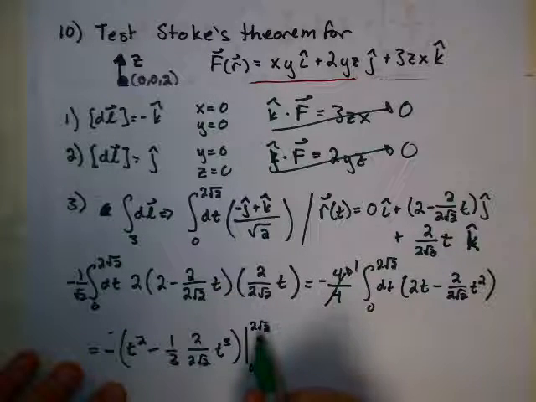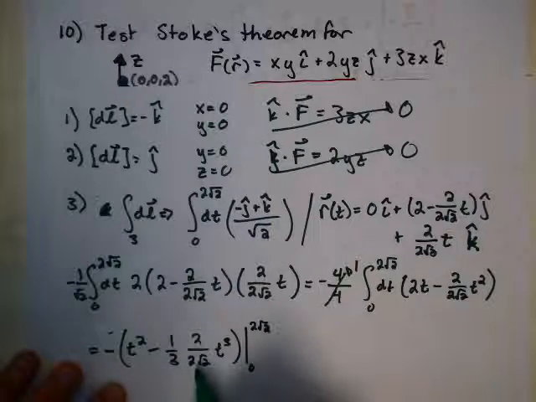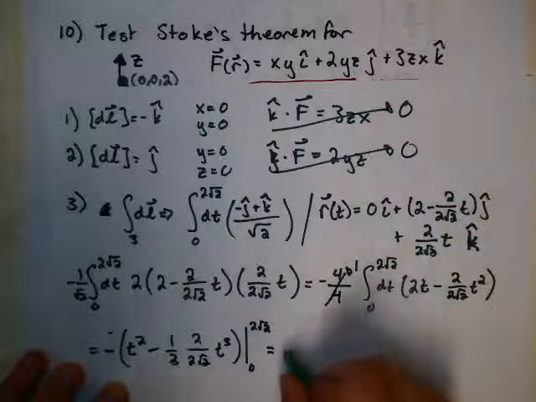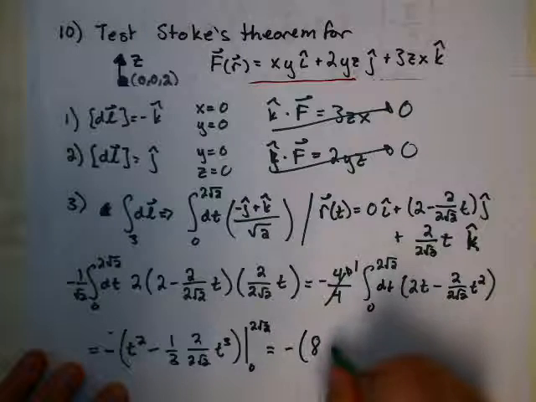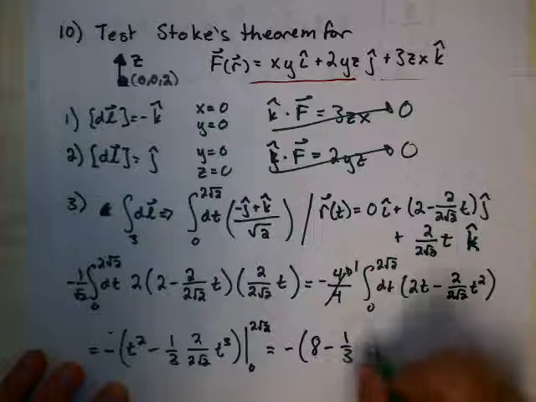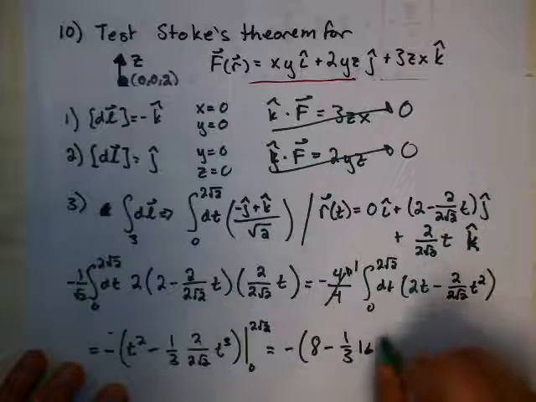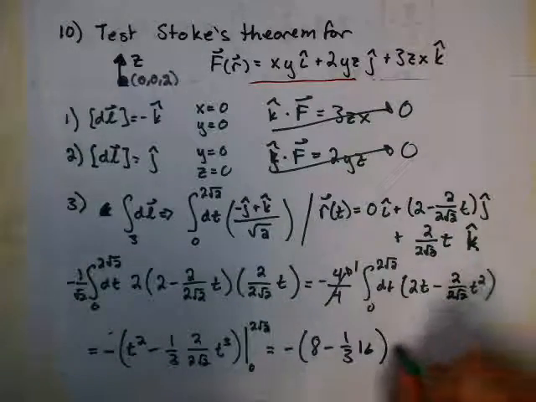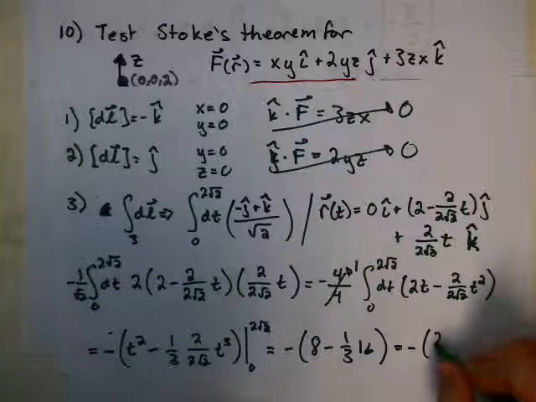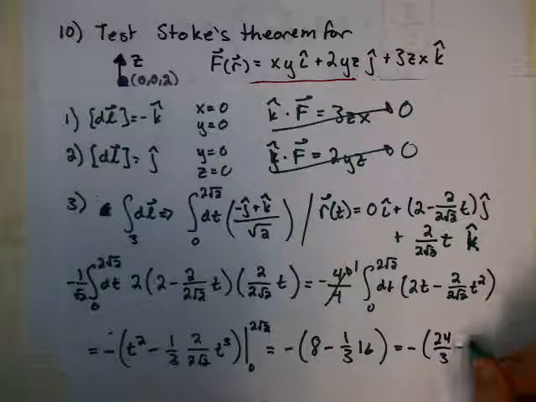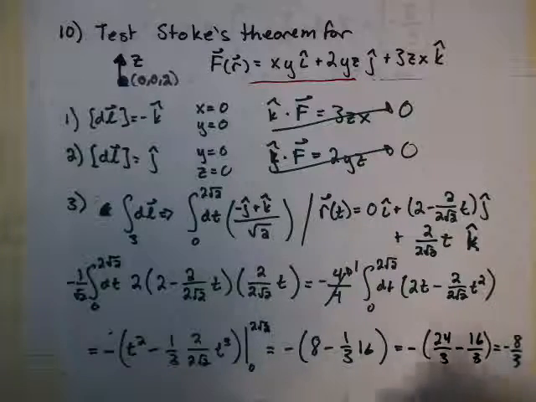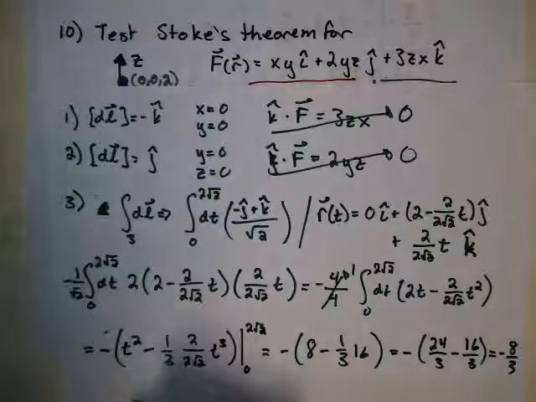I see that the 2√2, when I plug in one of those t's, will cancel down here at the bottom. And so this is going to give me 2√2 squared, which is 8. So minus 8 minus 1/3 times 2 times 8, so 16. Getting the lowest common denominator, this is going to be minus 24 thirds minus 16 thirds, which is minus 8 thirds. And so this also gives me minus 8 thirds.